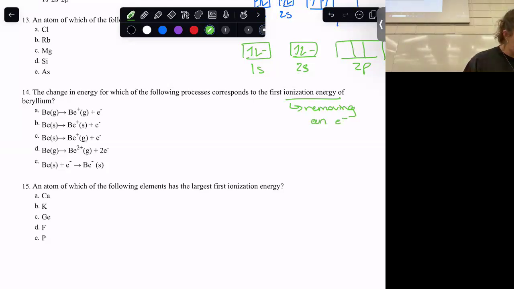So which one can we remove right off the bat? We can remove E. When we have the first ionization energy, how many electrons are we removing? Just 1. So what else can we remove? D. Yep. We're not going to produce 2 electrons with the first ionization energy. We only produce 1.